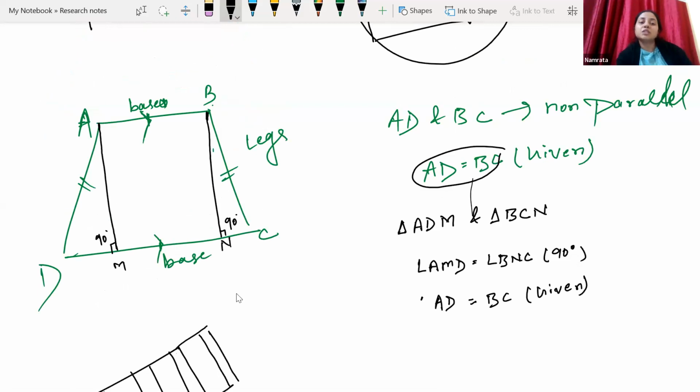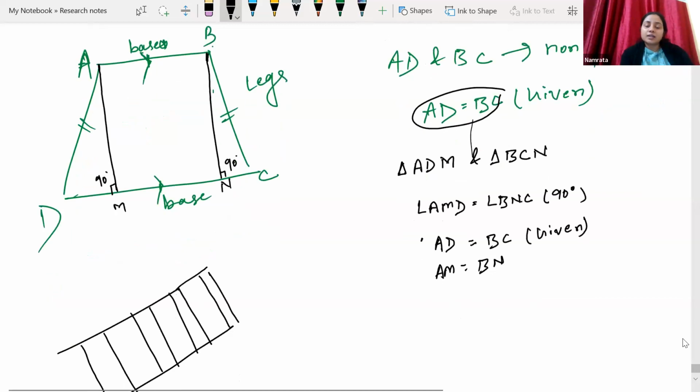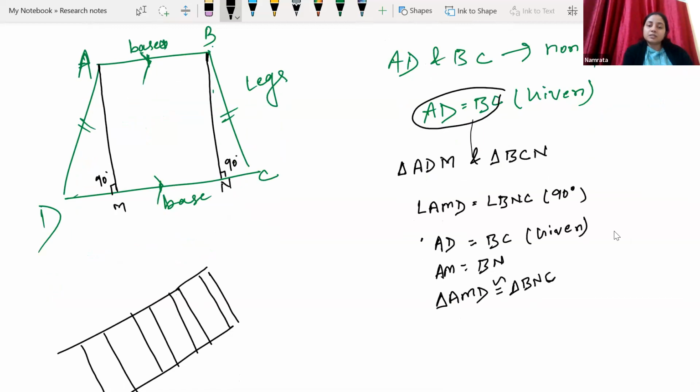Okay. So in between these two parallel lines, you said it correctly, AM and BN will be the same, but the reason is that the distance between two parallel lines is always the same. Now from here we can write that triangle AMD is congruent with triangle BNC.